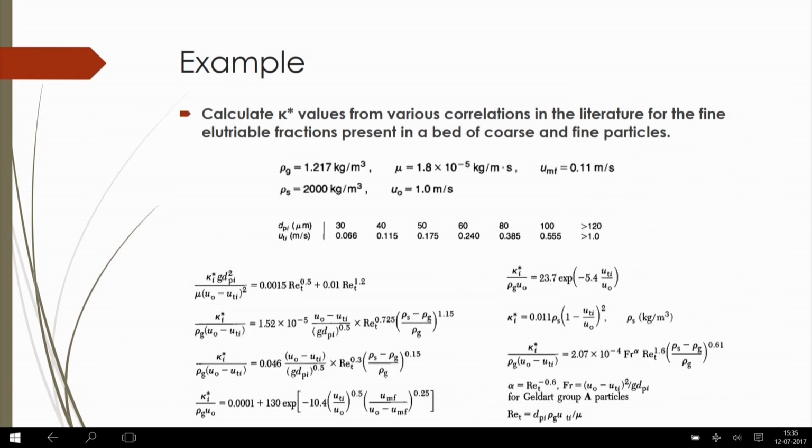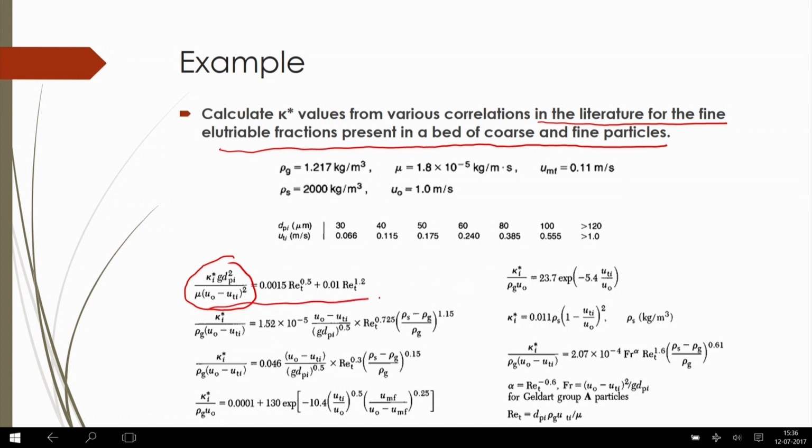Another example: calculate the K star values from various correlations in the literature for the fine elutriable fractions present in a bed of coarse and fine particles. In this case, you can use these correlations from this table.